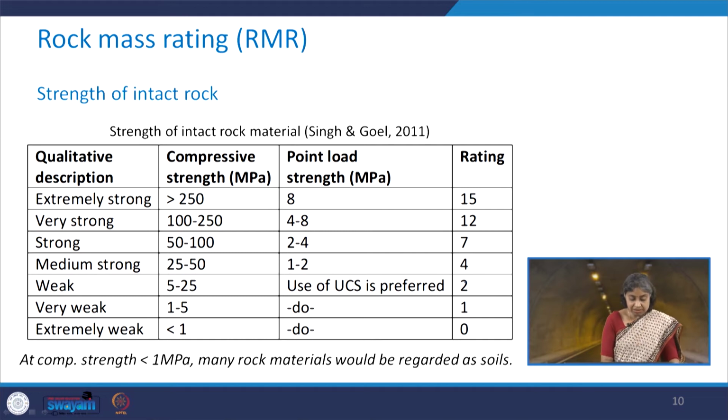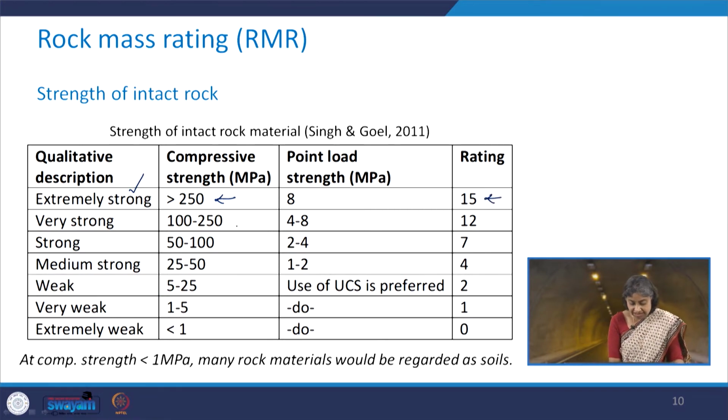So, in case of the first one, that is when you have the compressive strength greater than 250 megapascal, qualitatively you describe the rock as extremely strong and its rating is going to be 15.